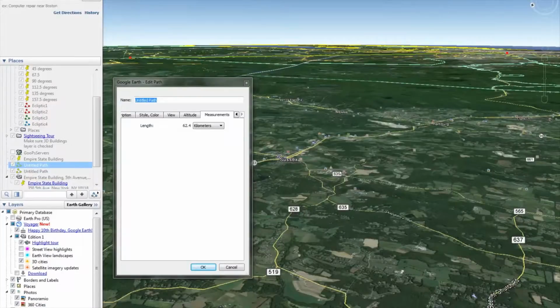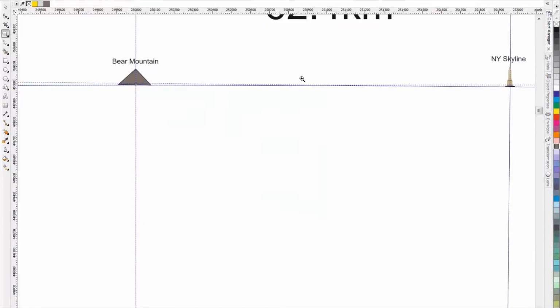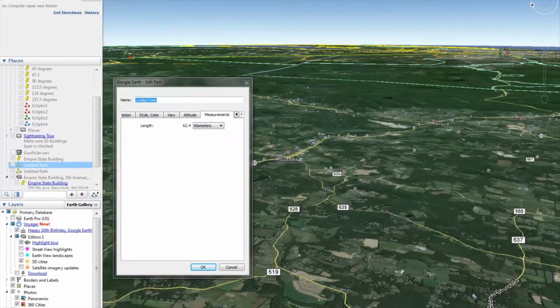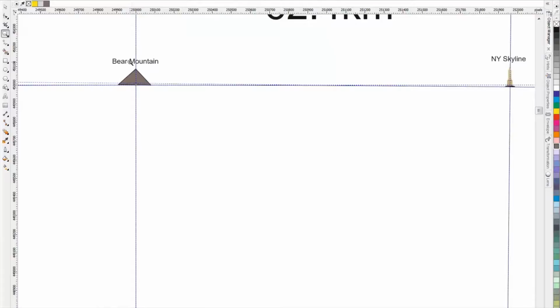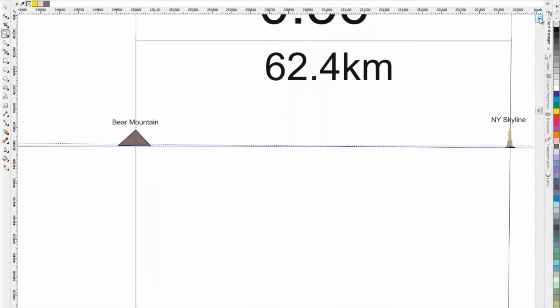Let's now do an experiment. We have Bear Mountain over here on the left, and we have the New York skyline on the right over here. The length between these 2 points is 62.4 kilometers. So we have Bear Mountain and the New York skyline. The distance between them is 62.4 kilometers.